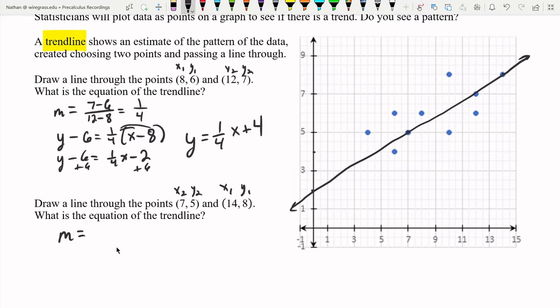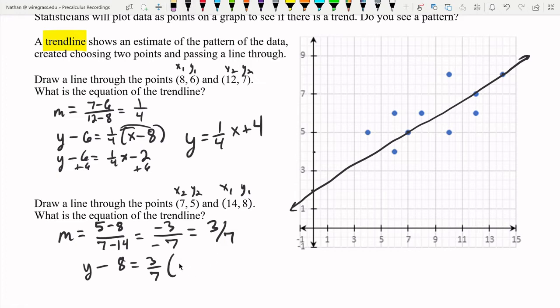So m is y2 minus y1 over x2 minus x1. 5 minus 8 is -3. 7 minus 14 is -7. That's going to be positive 3/7. Okay, y minus y1, which is 8, equals 3/7 times x minus x1, which is 14.